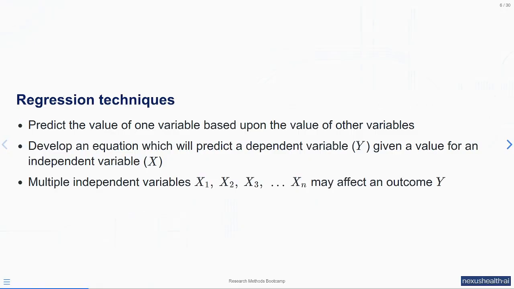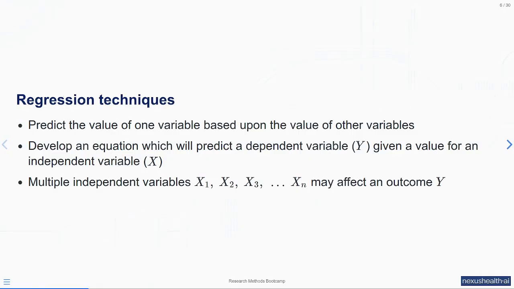So in a nutshell, this is what regression is about, whether we're doing linear regression or logistic regression or Poisson regression or Cox regression, and there are different regression methods.